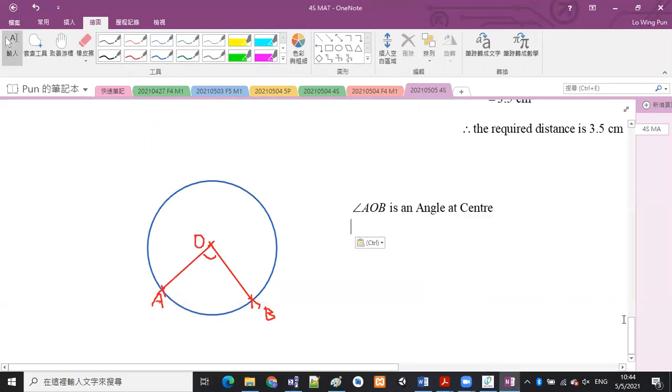OK, not difficult, right? Now, if the angle point is not at center, where else can it be? If the angle point is not at center, it is at circumference, like this. For example, it's AP and BP.